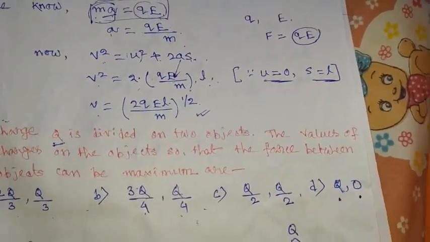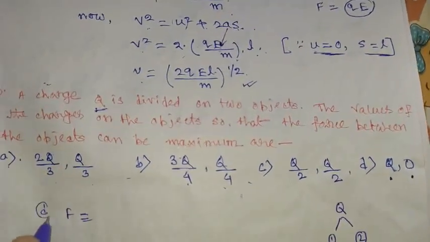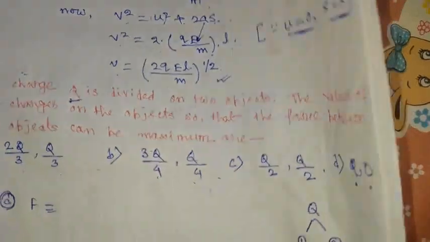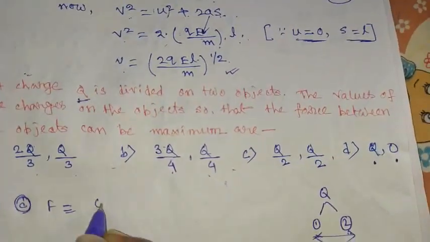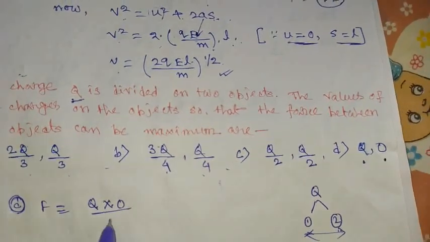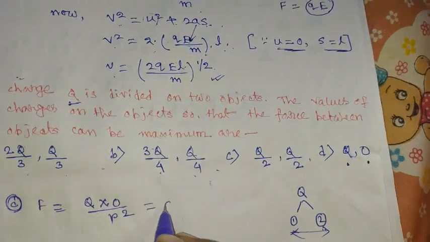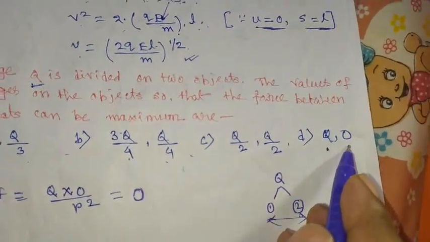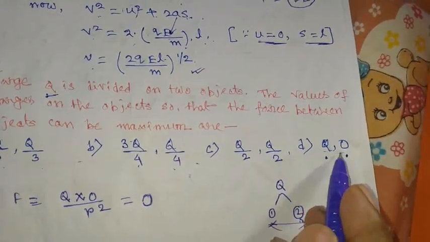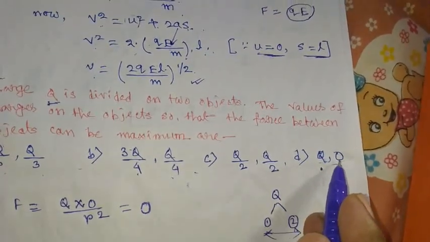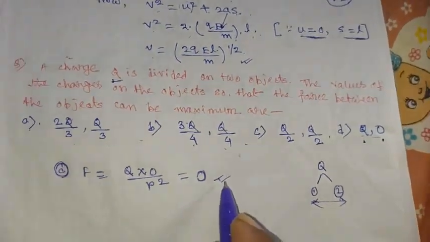From option D, the force can be written according to Coulomb's law as Q into 0 by some distance. Let this distance be r. This is 0, because the second body's charge is 0. So the force between these two bodies is 0.